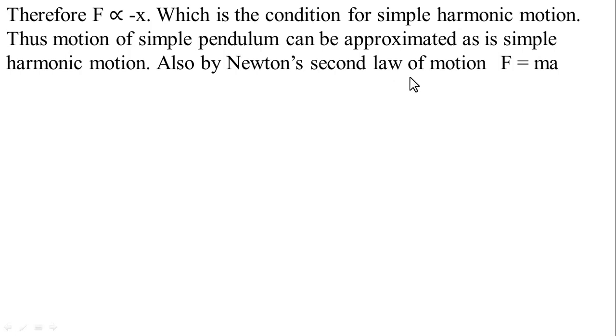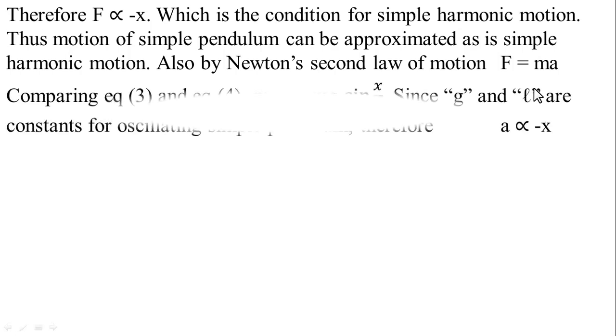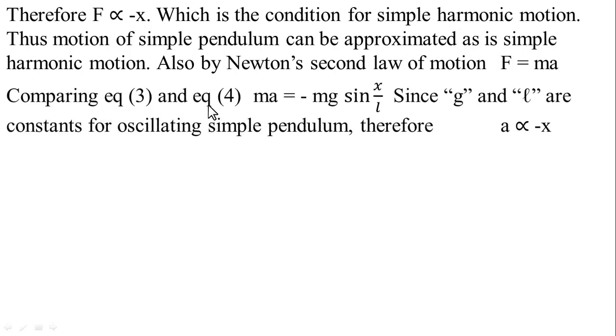Then, according to Newton's second law of motion, F is equal to ma. Comparing equations 3 and 4, ma is equal to minus mg x over L. Here m cancels out, and g and L are constant, so the acceleration a is directly proportional to minus x.